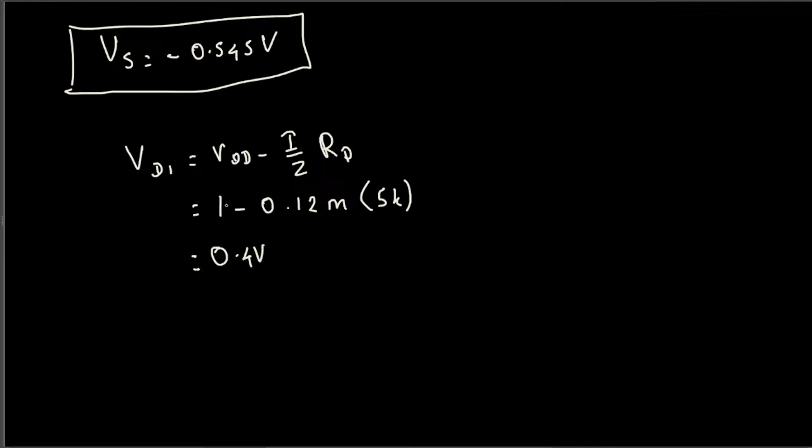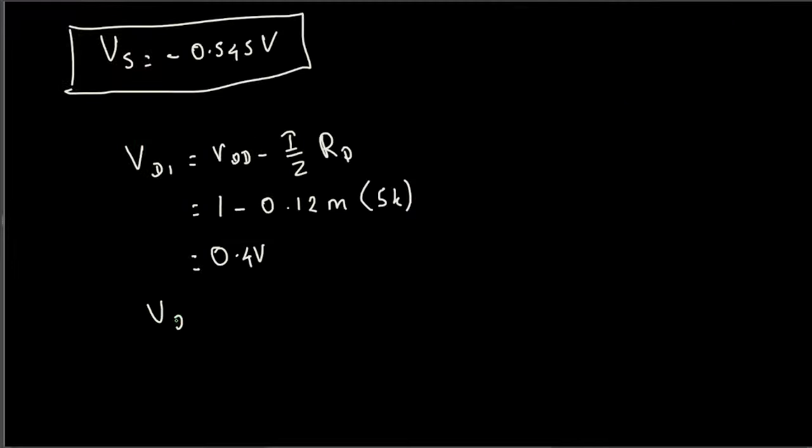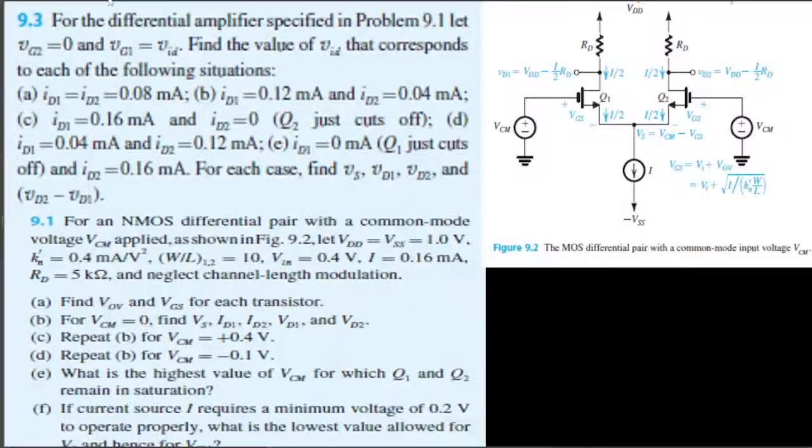Okay, once you have Vd1, now we can find Vd2 also. For Vd2, exact same equation, Vdd minus I divided by 2 times Rd. Vdd is the same, and I divided by 2 is the current flowing through this one, and for this one we have a different value.